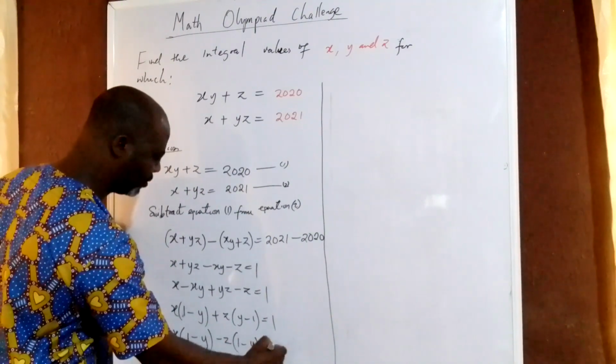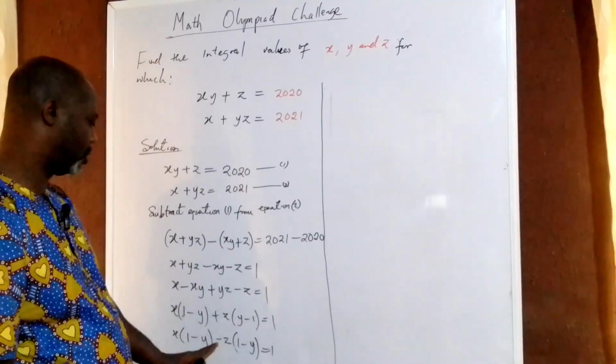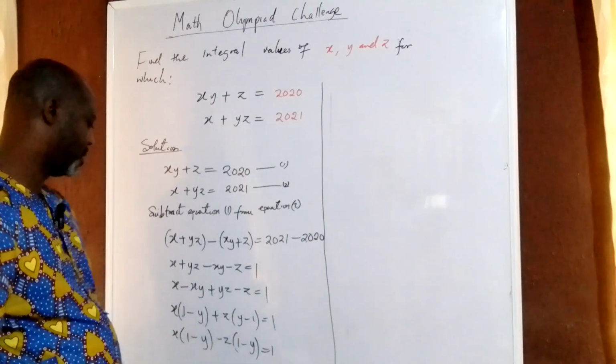The reason is simple: minus times 1 is minus 1, and minus times minus y gives me plus y. So this expression is okay.